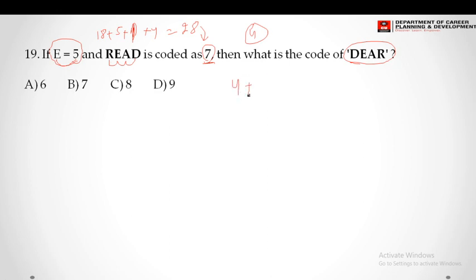D is 4, then 5, then 1, then 18. 4 plus 5 is 9, 9 plus 1 is 10, 10 plus 18 is 28. So 28 with 4 alphabets divided by 4 is 7. So the answer for this question is B, 7.